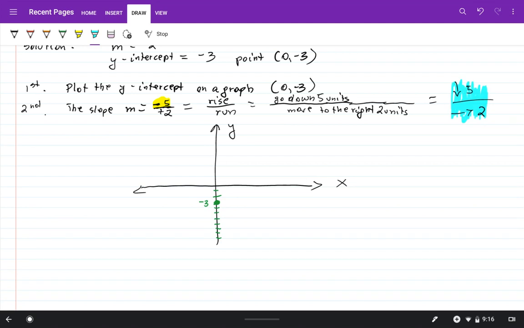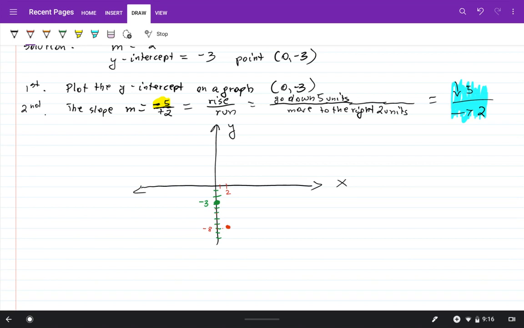So from the y-intercept, I'm going 5 units down. 1, 2, 3, 4, 5. And 2 to the right. So it will be 1, 2. And that will be my next point. Okay? Like you see, this is negative 3, negative 4, negative 5, negative 6, negative 7, negative 8. So here I have a point 2, comma negative 8.